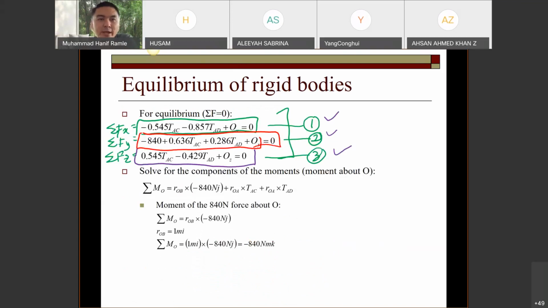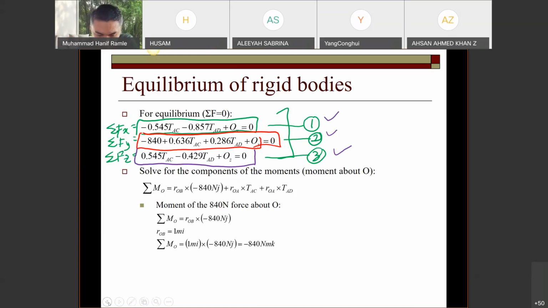So where are the other two or three equations? They are coming from the moment. The first thing that you have to calculate is, of course, the moment about the point that will eliminate the larger number of unknown values.